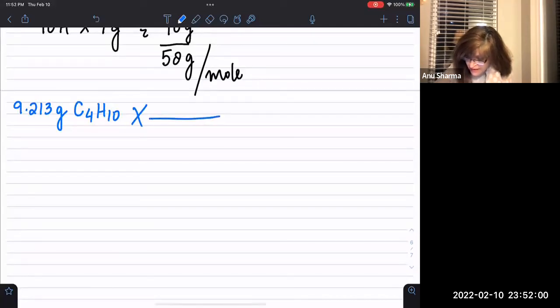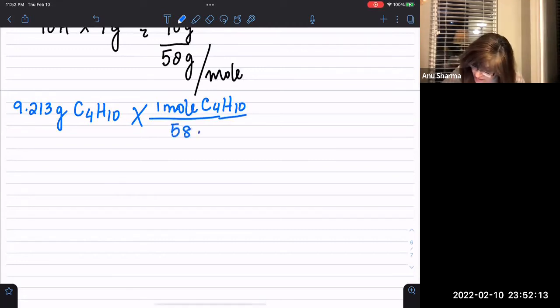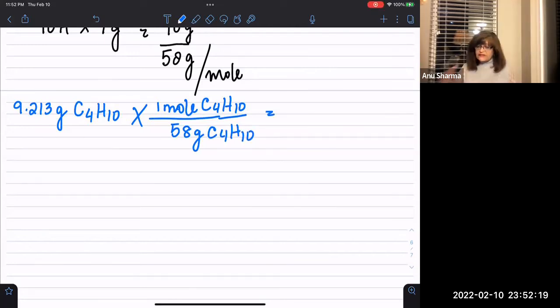We see that 1 mole of C4H10 weighs 58 grams of C4H10. So let's do this first.